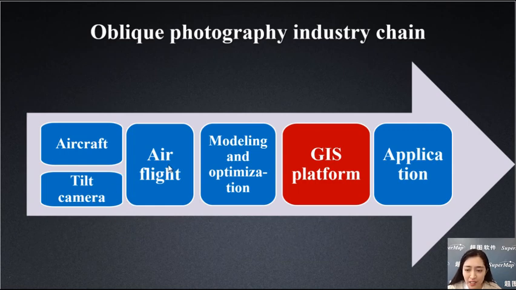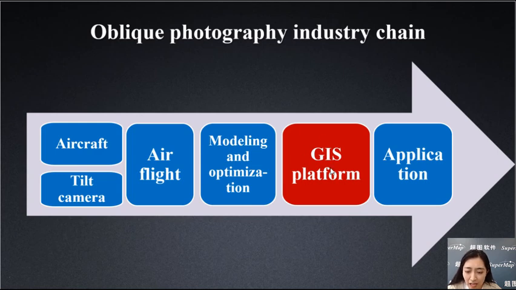Then there is oblique photography aerial flight, which is responsible for carrying out the aerial flight to obtain the oblique image data. Then comes data processing of the oblique photography, which mainly includes fully automatic or manual intervention modeling based on the oblique images, and large-scale topographic map surveying and mapping.